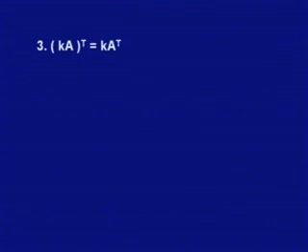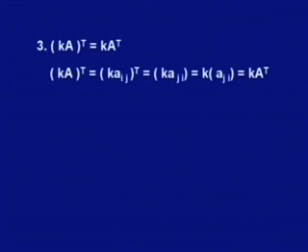The next property is that scalar multiplication by k and then the matrix A, its transpose is k times A transpose. To prove this, I write down kA as having a typical element k Aij, because every element of A is to be multiplied by k by definition of this multiplication.